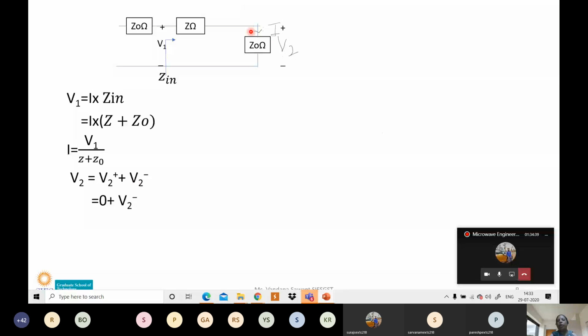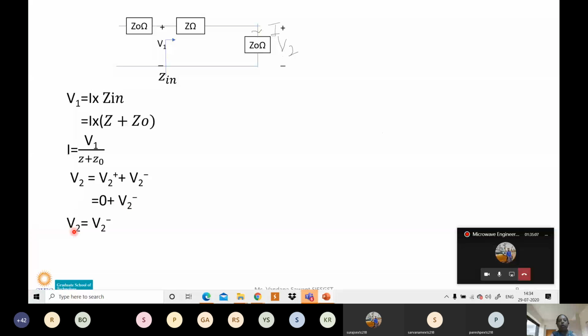We are using port number 2 as an output port only. So the input or incident signal at port number 2, that is V2 plus, is equal to 0, as we are not inputting. So your V2 is equal to 0 plus V2 minus. So the final V2 is V2 is equal to V2 minus.